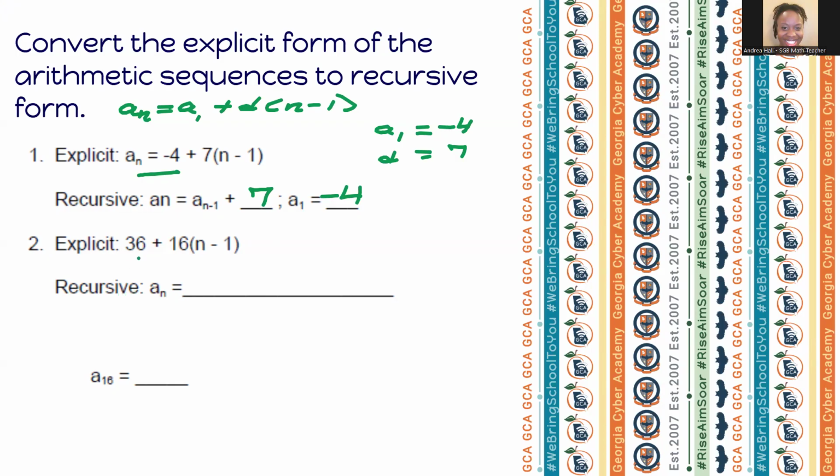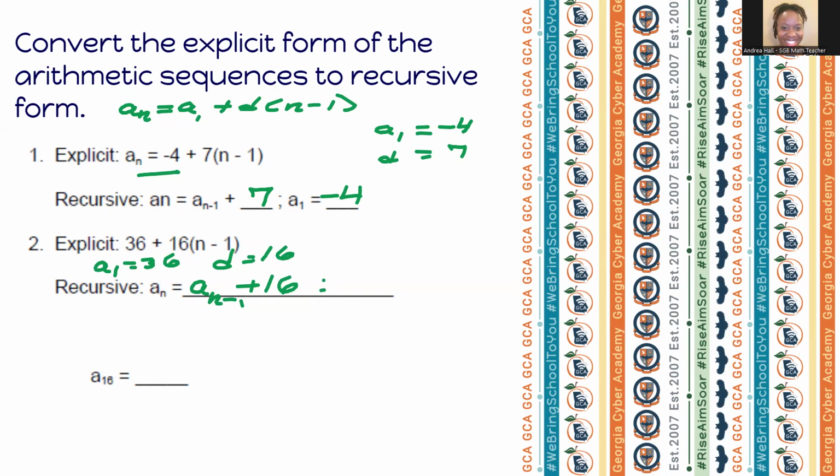And again, for the recursive form here, we can say that the first term, a sub 1, has to be 36, and our d has to be 16, based on where it's located in the form. So we would say a sub n equals a sub n minus 1 plus 16 for the recursive.